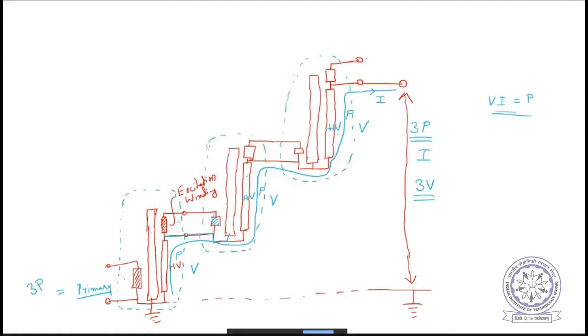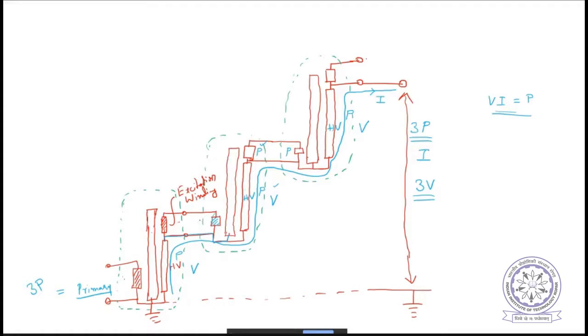Okay. So let us come back from here actually. This last transformer you see, its output power is P. Therefore, its input power also must be P, right? So from this excitation winding, the primary of the last transformer, you must be getting power P. Therefore, this winding must be supplying the same power P. Now this is P and this is P. So on this side, 2P is the output power.